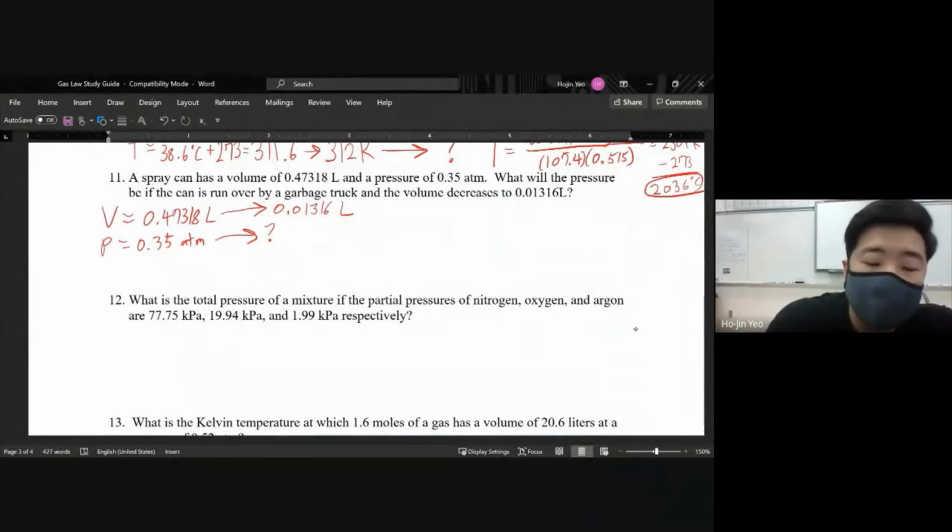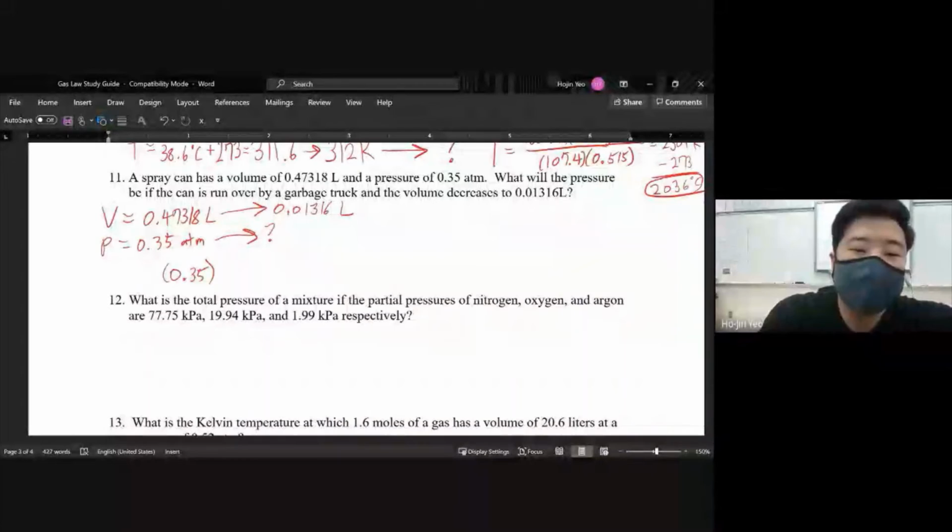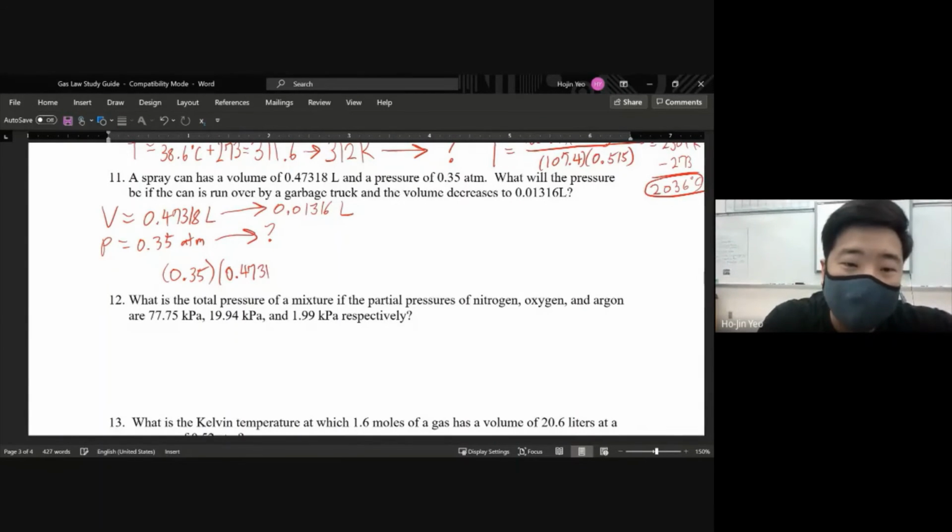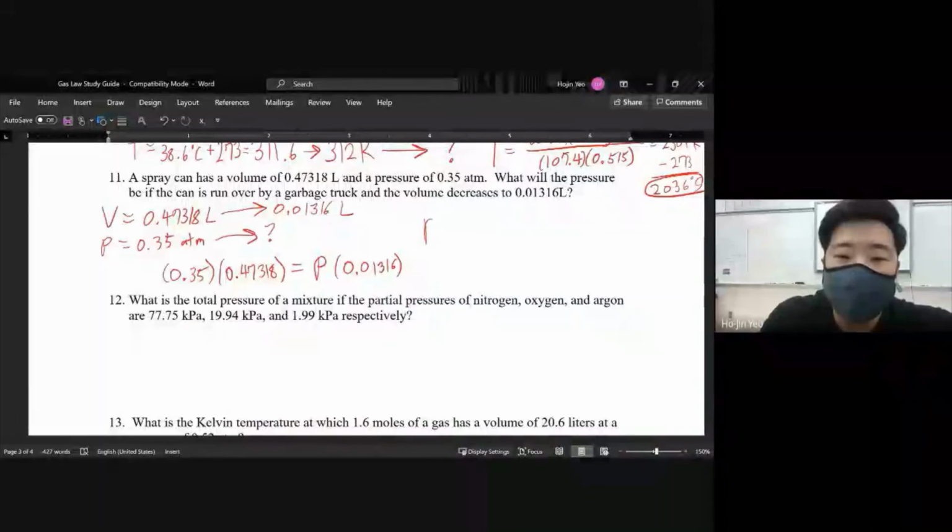So we're going to use PV. So I will multiply 0.35 by 0.47318. The pressure we do not know, so I'm going to put P multiplied by 0.01316 and solve for P.